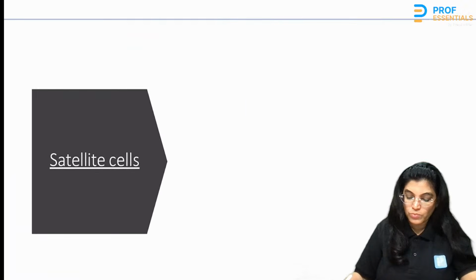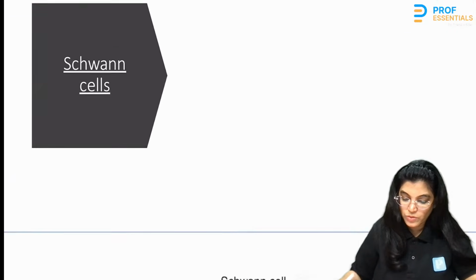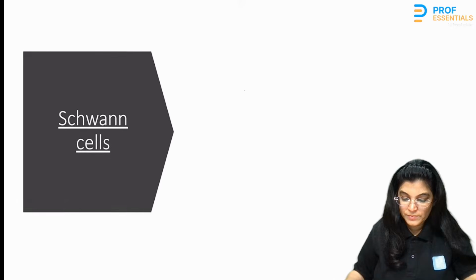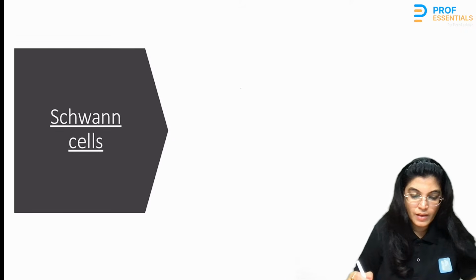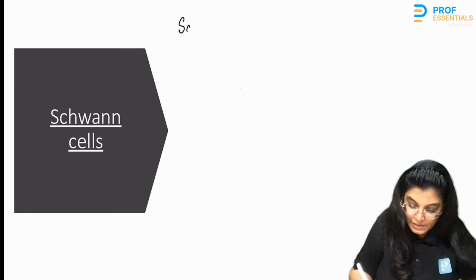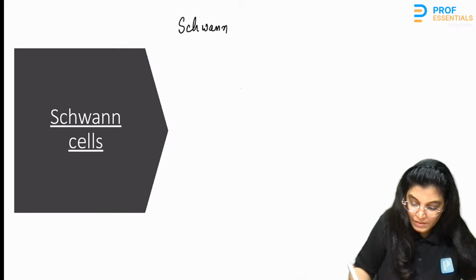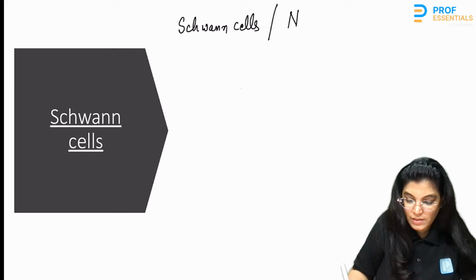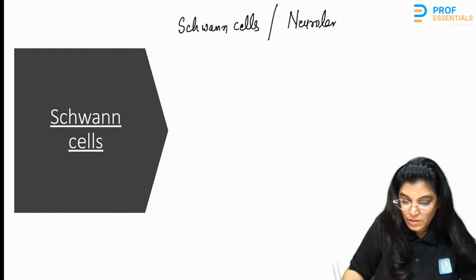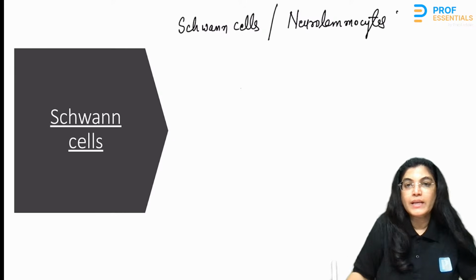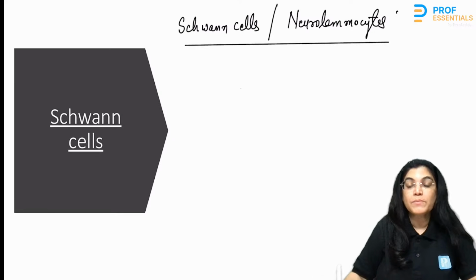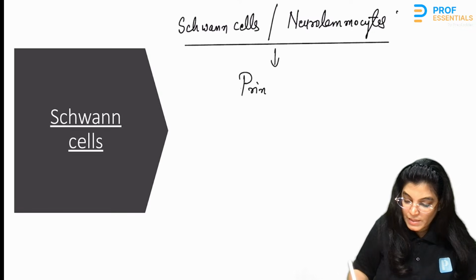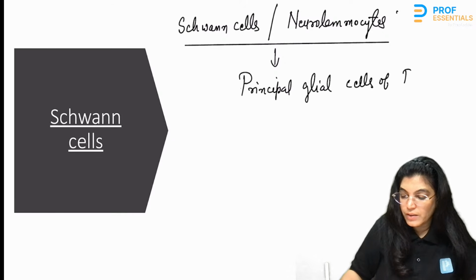So let's write about both of them. Firstly, Schwann cells. Schwann cells are also called neurolemmocytes and are the main, principal glial cells of the peripheral nervous system.